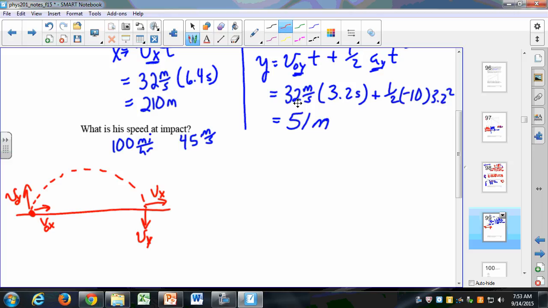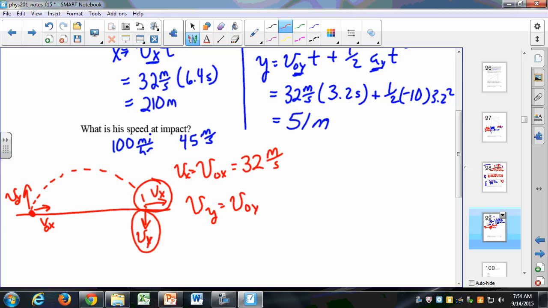I know that Vx is unchanging, that Vx is equal to V naught x, and that's equal then to 32 meters per second. So that's the magnitude of this vector. And then I can also find the magnitude of this vector: Vy is equal to V naught y minus a_y times t.